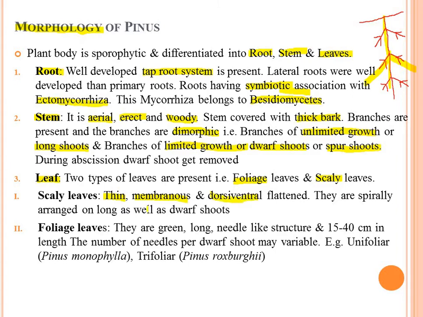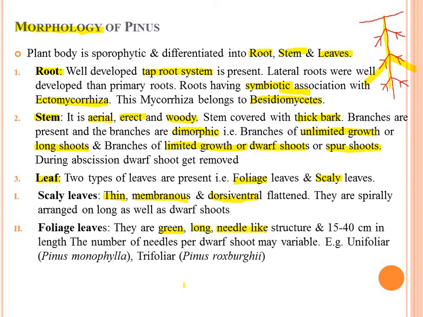They are spirally arranged on long as well as dwarf shoots, and they provide protection to both. Then foliage leaves are green in color, and due to the green color they are responsible for photosynthesis. They are somewhat long and needle-like. This is the important feature: they look like needles.